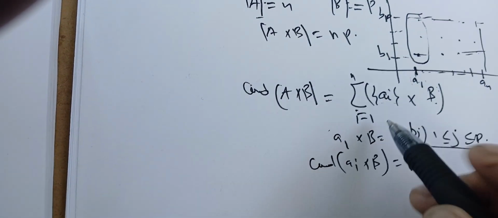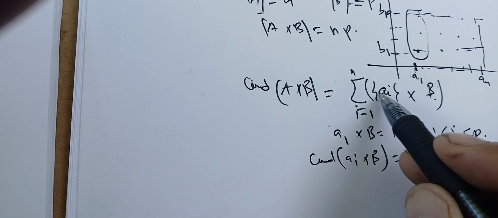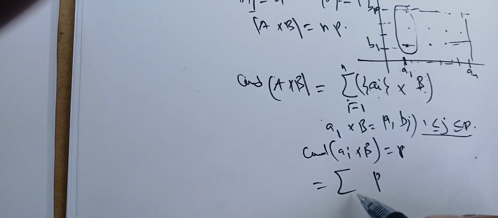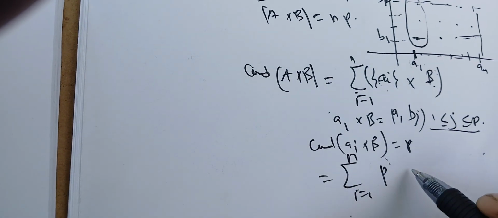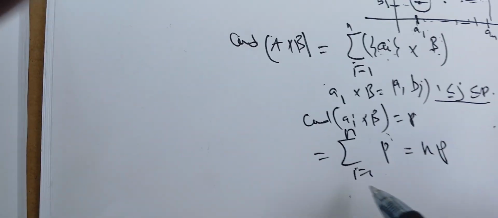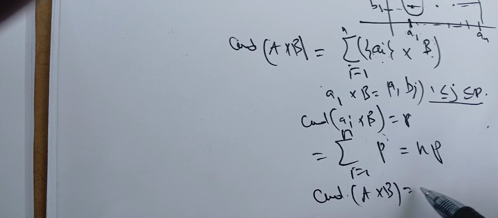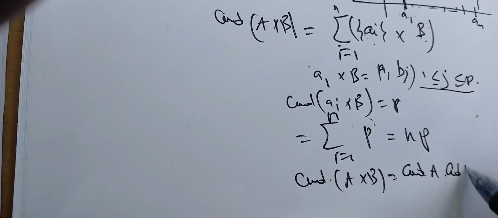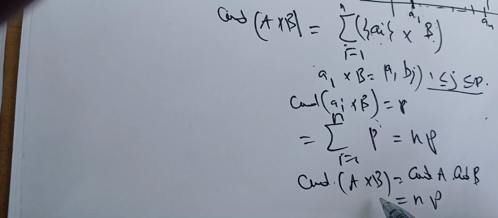So we add p, n times, and this gives us n times p. Therefore the cardinality of A cross B is the cardinality of A times the cardinality of B, which is equal to np.